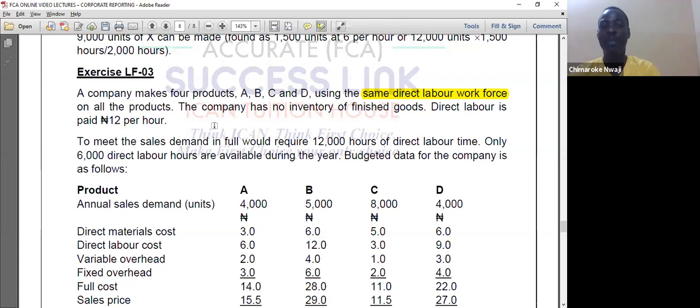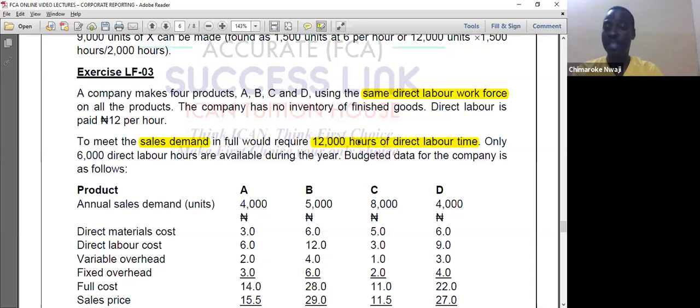Now, direct labor, 12 naira per hour. To meet the sales demand in full, you see, that means your sales demand has to be met, and it is not your limiting factor. To meet the sales demand in full, we will require 12,000 hours of direct labor time.